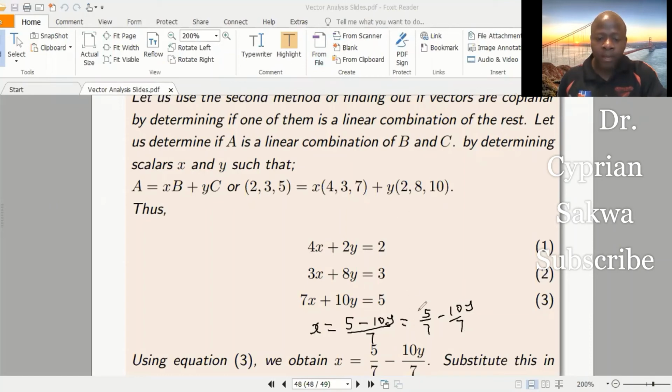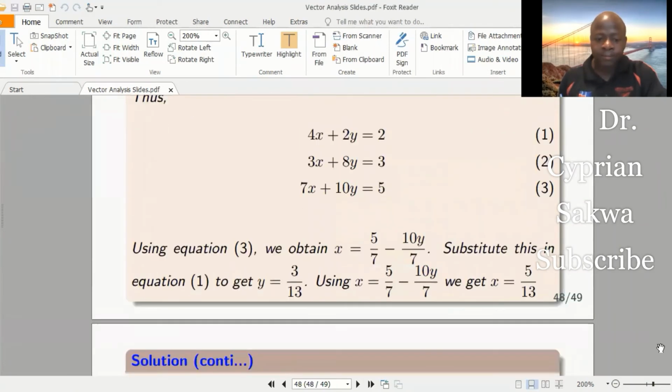And then I substitute this x in equation 1, where there is x, and find y. When you do that, you would find that y will be 3 over 13.